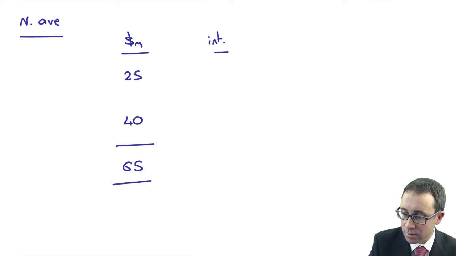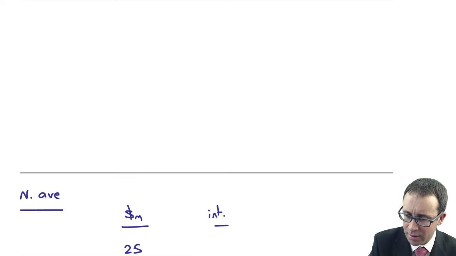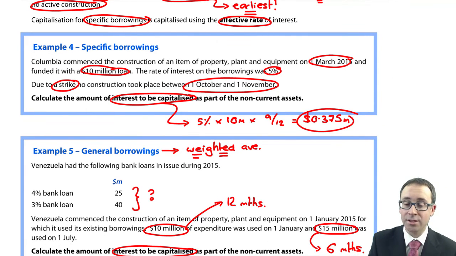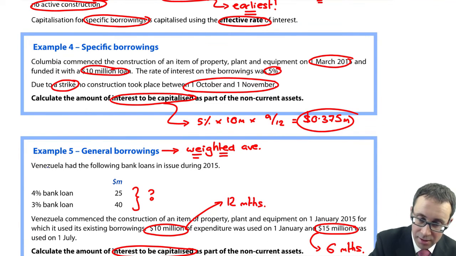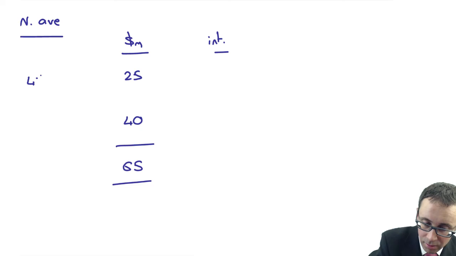The interest: it was 4% and 3%. Let's just check, get them the right way around. Yes, 4% and 3%, you can see it at the bottom. So 4% on the 25 and 3% on the 40.